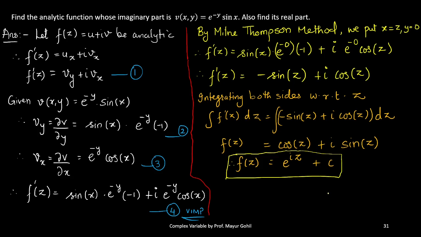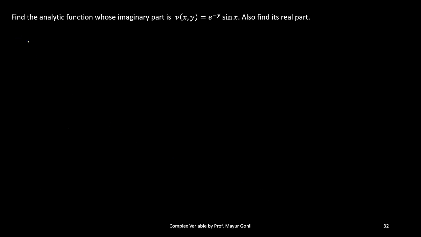Now we are also asked to find the real part of this function. So let us see how to go about it. I will now write the function here. So the function that we got was f of z is equal to e to the power iz. That was the function that we had got.